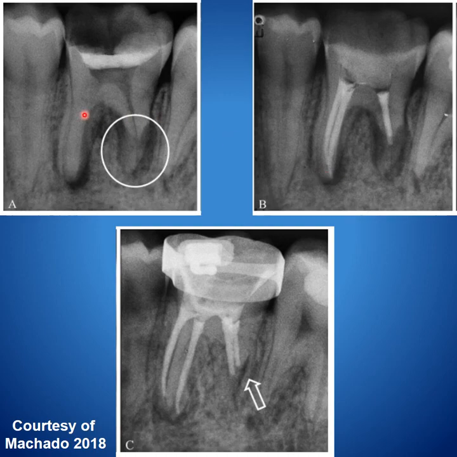Machudo in 2018 showed a case whereby the distal root had a lot of external resorption in the apical region. After instrumentation and obturation, you can see that the obturation is over here, and the anatomical tip of the root is further away.